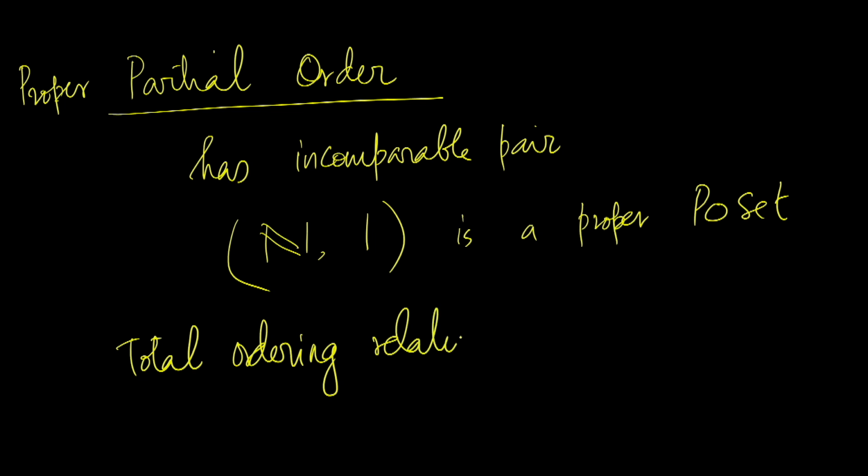In a total ordering relation, you will not be able to find a pair of elements that are incomparable to each other. For example, if you consider the set of natural numbers along with the less than or equal to relation, you find that for every pair of natural numbers, the less than or equal to relation holds. You take any pair of natural numbers A and B, either A is less than or equal to B or B is less than or equal to A. It is not possible that neither relation holds between the pair. Therefore, the less than or equal to relation is a total ordering relation. So, let us consider some examples.